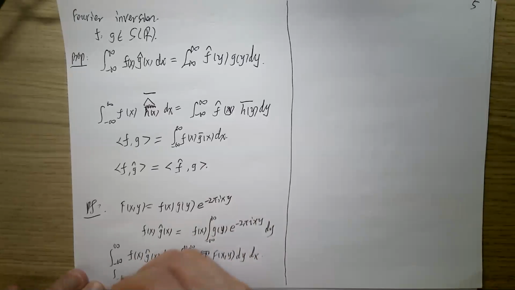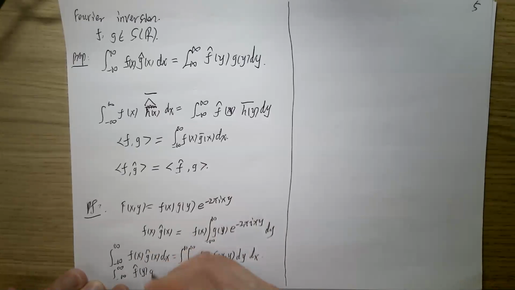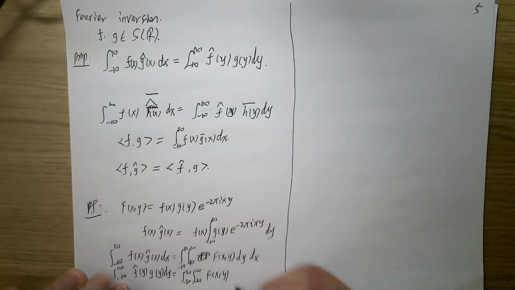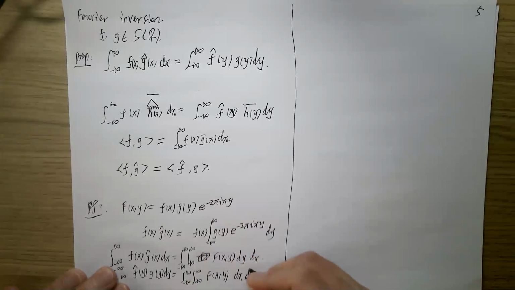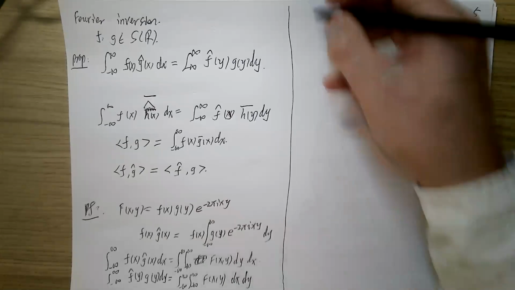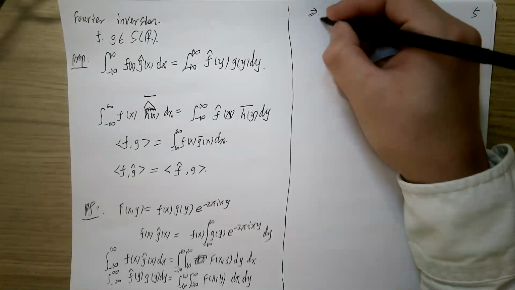And moreover, f̂(y) g(y) is again this one, but dx dy. And we use the fact that capital F(x,y) is a good enough function. It decays as fast as you want, and it's smooth. So these two are equal to each other.